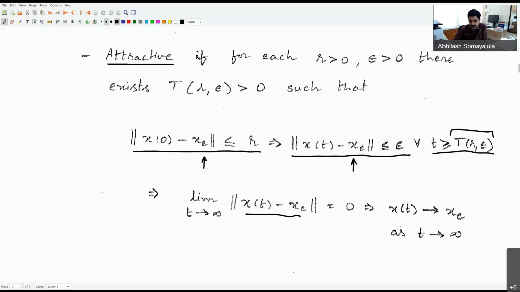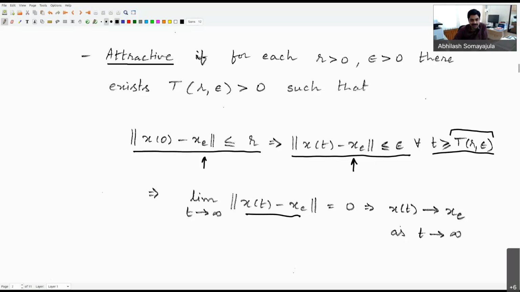Sir, so this is like asymptotic stability? No, this is not asymptotic stability. I'm not talking about asymptotic just yet. It is just talking about attractive stability. It may be asymptotically stable or it may be exponentially stable. Both of them will still fall under attractive stability.